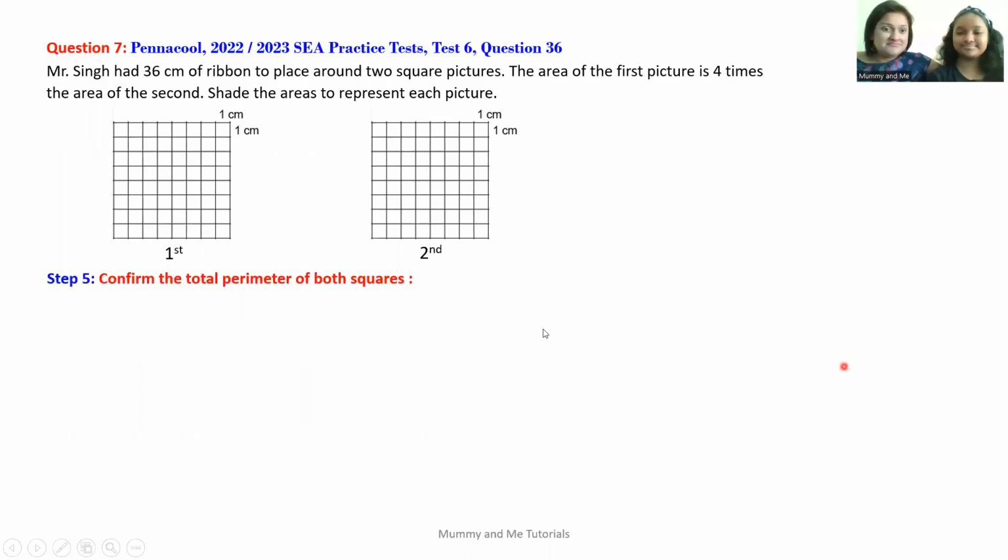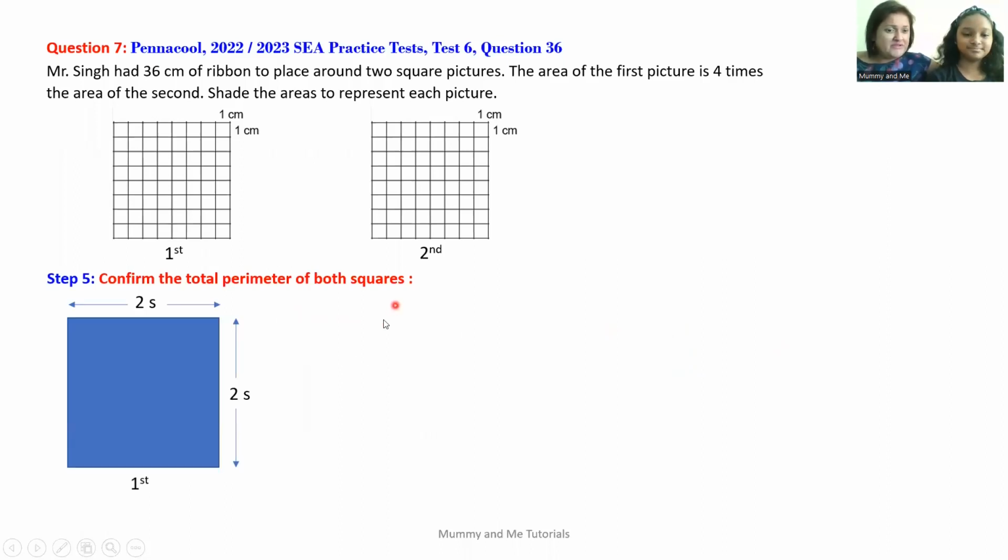Let's confirm the total perimeter of both squares though. Let's start with the first one, the larger one. So we calculated that S is equal to 3 centimeters. And since the side of the square is equal to 2S, that will be 2 multiplied by 3 centimeters, and we get 6 centimeters.